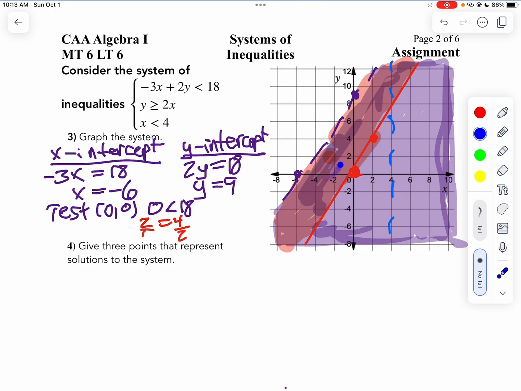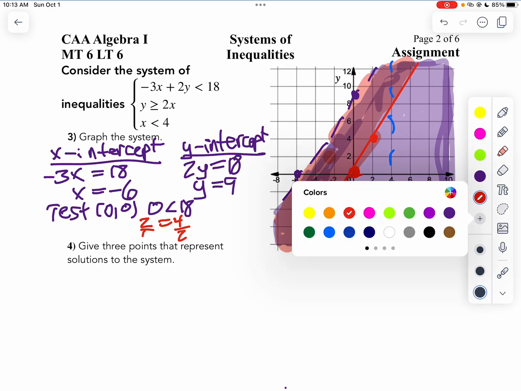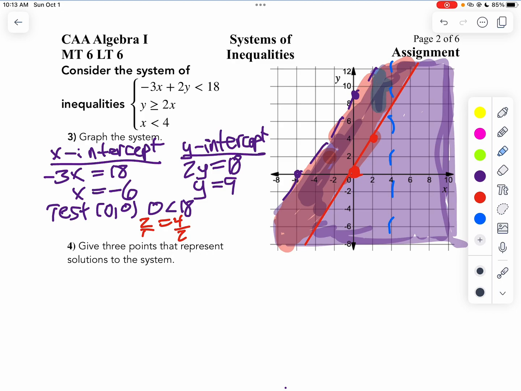But once again, I'm really interested in just the parts that are previously shaded. So let me find the blue here. I'm just going to go from this section down, up to my vertical line.